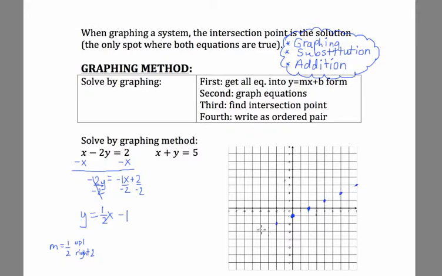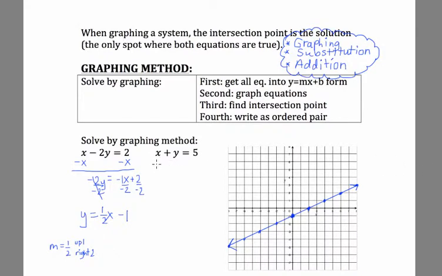Continue my pattern backwards. If you need a review of graphing, go back to one of the previous modules for reviewing on graphing using slope-intercept form or graphing from standard form.